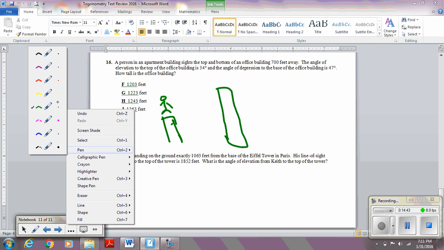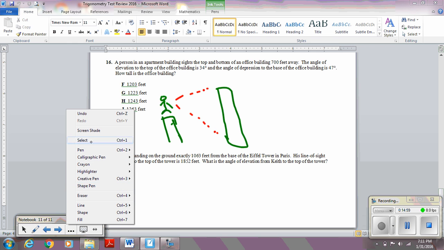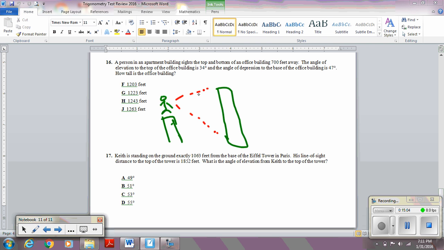So he has a line of sight with the top of the building and with the bottom of the building. So if I were to split it in half, you would have two triangles.